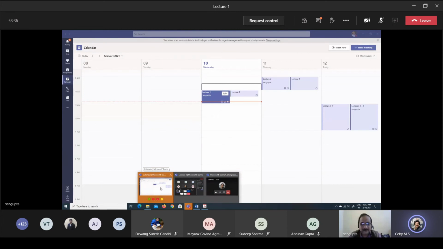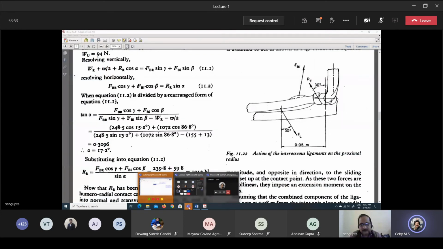So yes, that is one of the reasons. Interested students can click on this link which I have shared in the chat box. But they haven't talked about the interosseous ligament, so I'm not sure whether what Abhinav said is one reason.